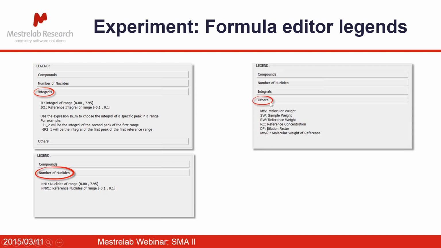The third of these is a bunch of other things which can be collected. Normally, these are mentioned on the compound-specific, the sample-specific data. So the sample weight and the reference weight, dilution, and so on. Molecular weight comes from the compound itself. So these are other things that you can use.